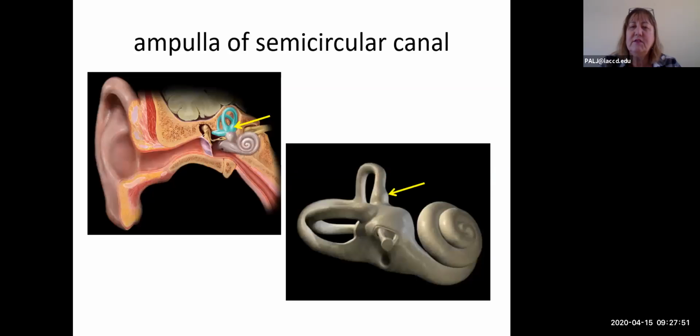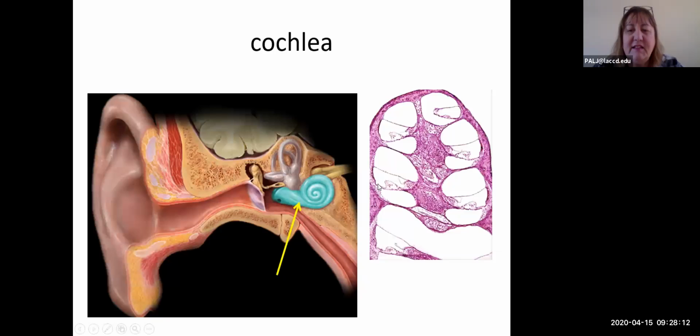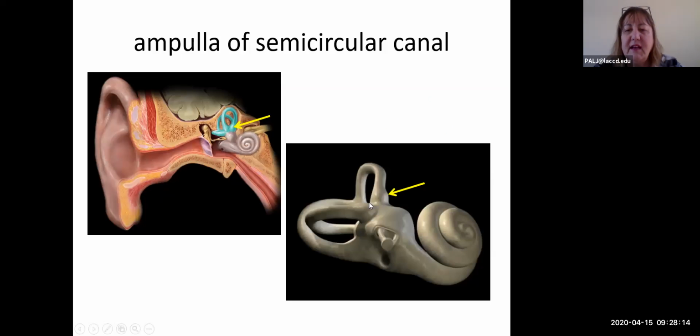And then if you look at these semicircular canals and you follow them from the vestibule, what you'll notice is they're pretty much the same diameter until you get to the distal end, which is quite a bit larger, okay? And so this larger area of the semicircular canal is called the ampulla of the semicircular canal.